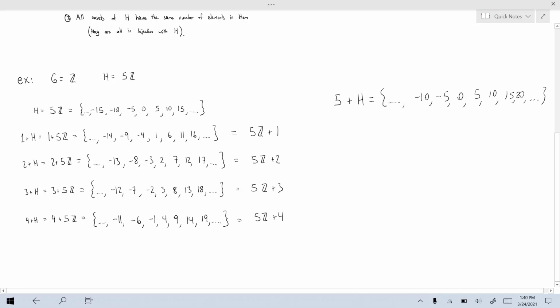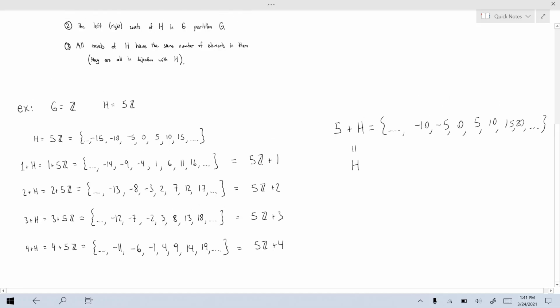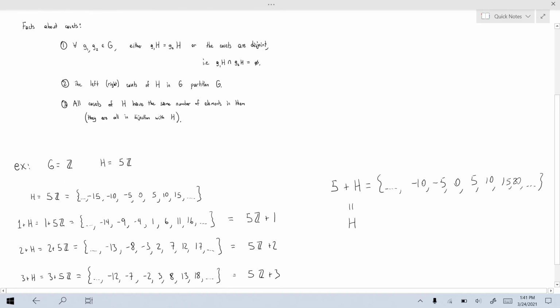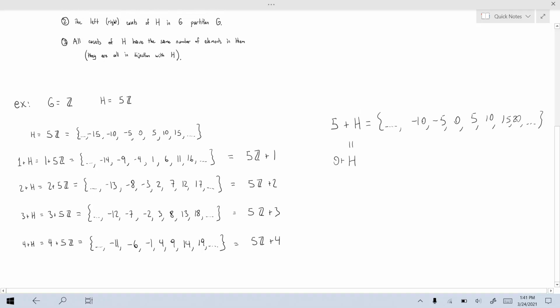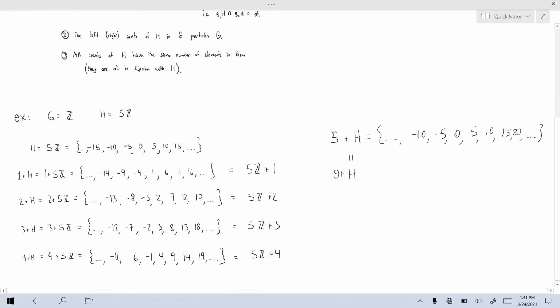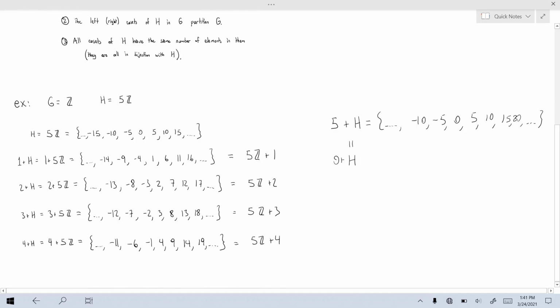So 5 plus H is really the same as H itself. So that's kind of reflecting what I talked about in the first fact here, that for 2 elements of your group, they might produce the same coset. So 5 and 0, if you will, give me the same coset. But if they don't give you the same coset, then instead the cosets will be disjoint, all right?